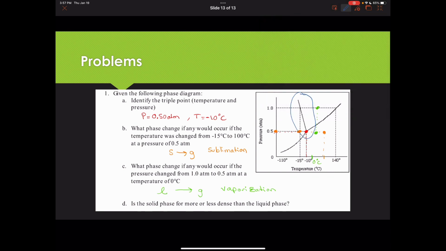So here we've got our fusion line. We like to see if the slope is positive or negative, and that is a negative slope. So if I have a negative slope, we're being asked, is the solid phase more or less dense than the liquid phase? If the slope is negative, the solid is less dense. It's the liquid that's more dense if that is negative.